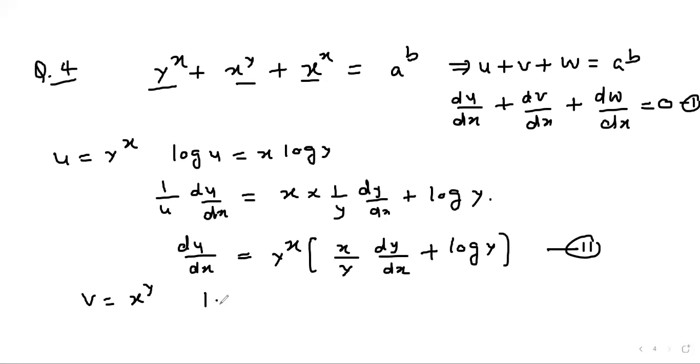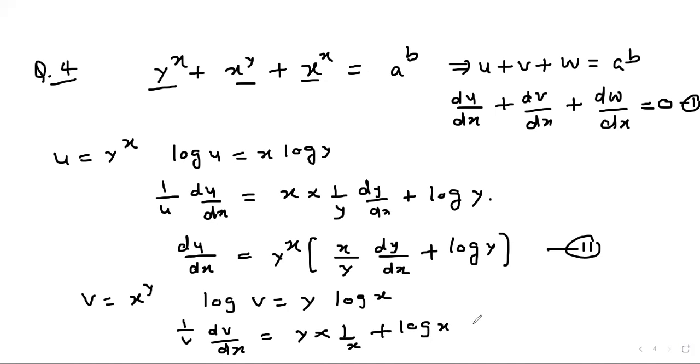We take log. So log v equal to y log x. We differentiate: 1 upon v dv upon dx equal to y into differentiation of log x, that is 1 upon x, plus log x into differentiation of y, that is dy by dx.